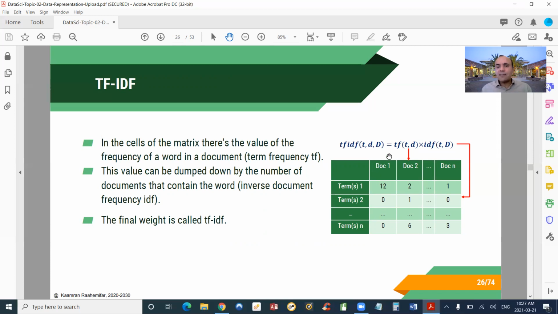How significant is this TF going to be? For me to understand the significance of the word love in my document, okay, is your document about 20,000 words and you only use love 12 times? If your document is 30 words and you use love 12 times, do you see the difference?